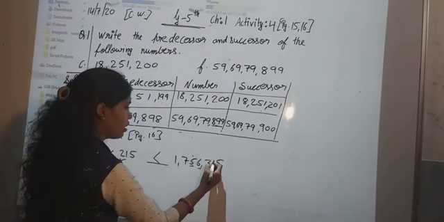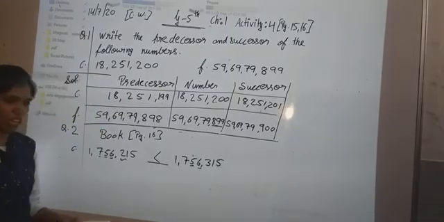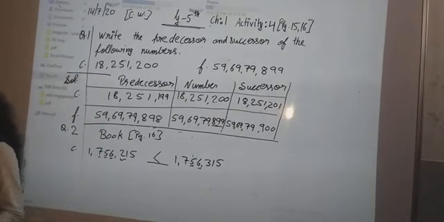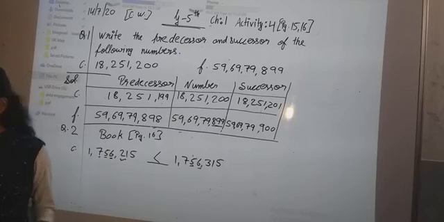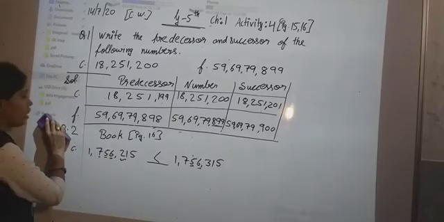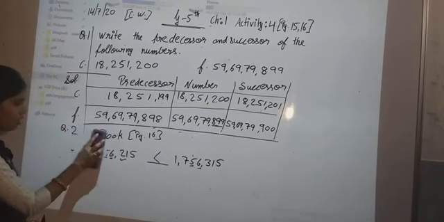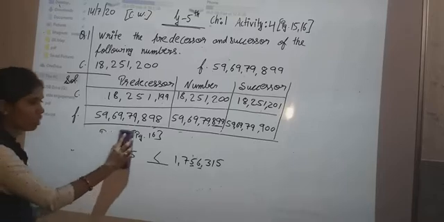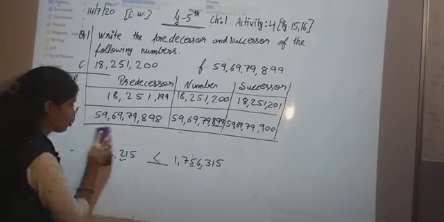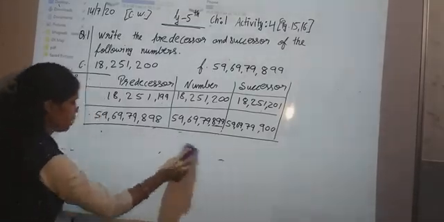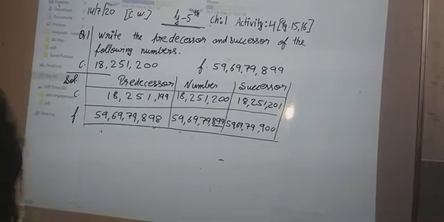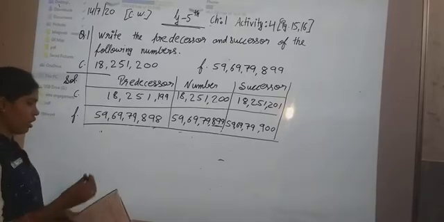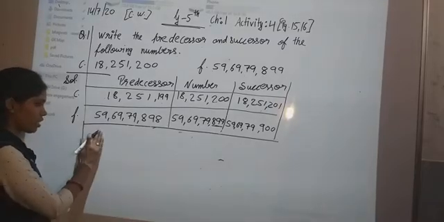Okay students. Now come to question number 3. Arrange the following in ascending and descending order. We will solve it continuing on the same page. Okay, so let's start. Arrange the following numbers in ascending order.